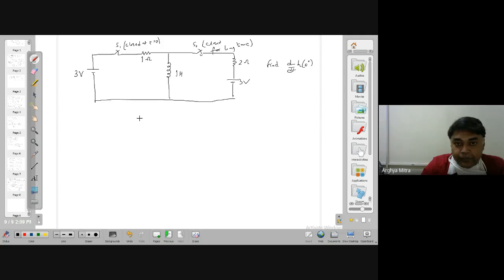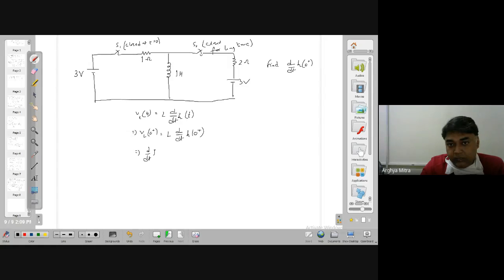Now what I know is the relationship between the voltage and the current through this inductance. I know that VL of t is equal to L d dt of IL of t. If I put 0 plus in place of t, then VL of 0 plus is equal to L d dt of IL of 0 plus, isn't it?